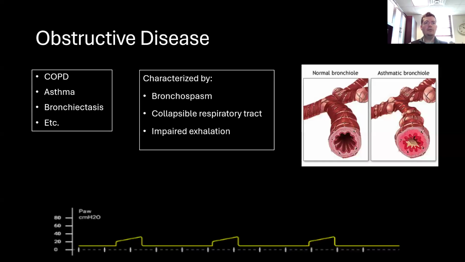The obstructive nature of both of these diseases leaves patients prone to something called auto-PEEP or breath stacking. Breath stacking occurs when a new breath is inspired before full expiration of the previous breath. Over time, if you're breath stacking, you can eventually get enough air trapped in the lungs that you get progressively increasing intrathoracic pressure.